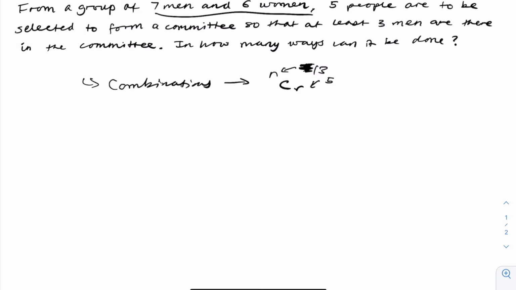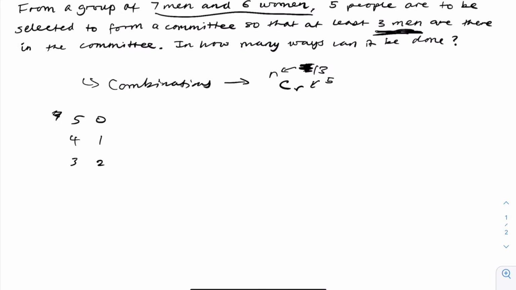But that's not actually that simple, because if we were doing that, that would just be choosing 5 people from 13. We actually need at least 3 men here, so it throws a little bit of a twist in there. What we need to do is find the different ways in which we can organize the data. We can see if there are 5 men and 0 women, or 4 men and 1 woman, or 3 men and 2 women.